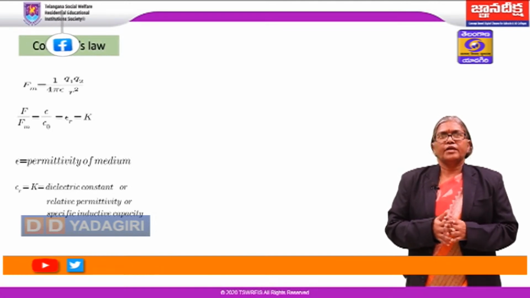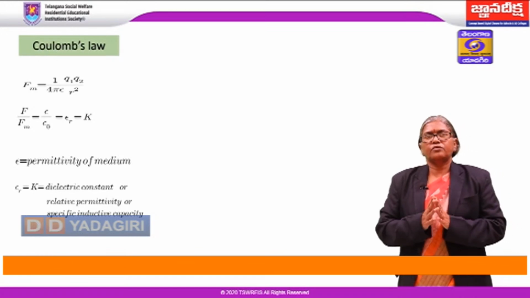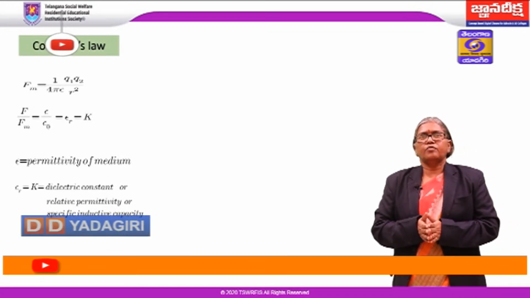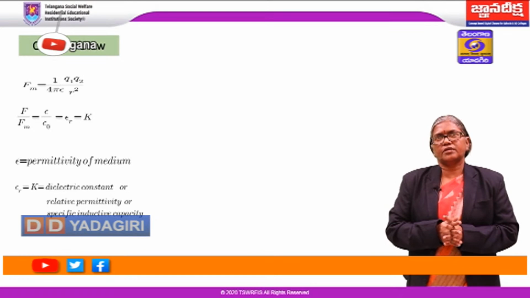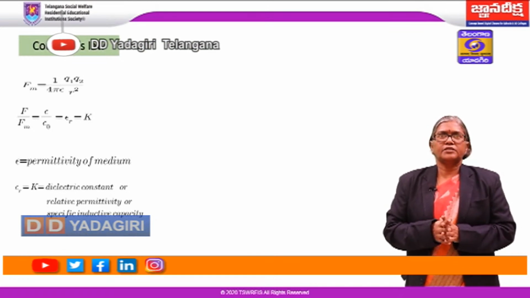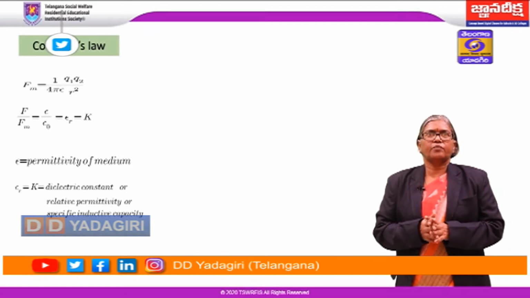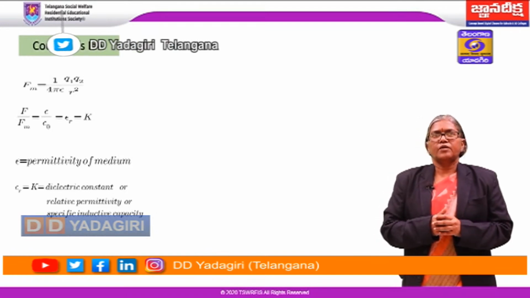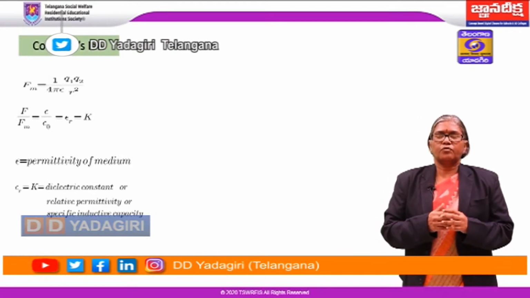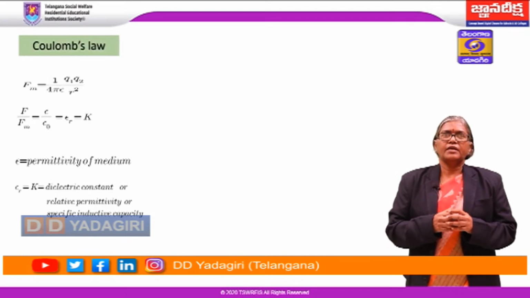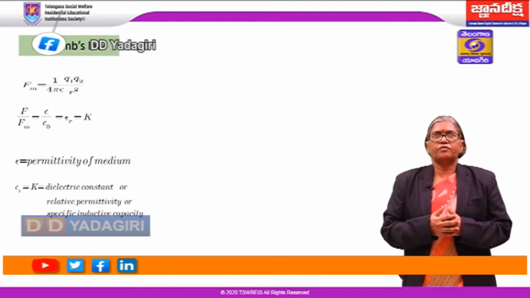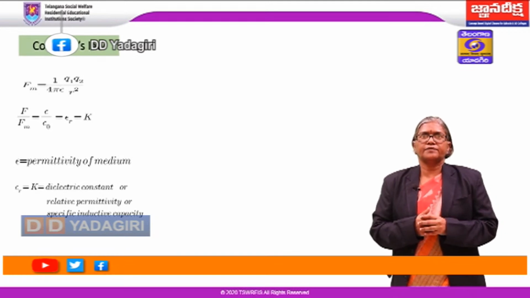Okay. Now F12 means the force acting on the second particle due to the first particle, and F21 means the force acting on the first particle due to the second particle. When you observe, both the bodies or both the charges will apply equal and opposite forces on each other.